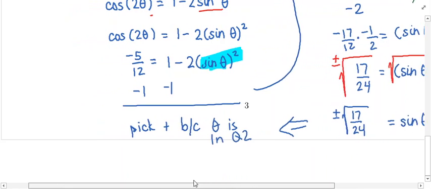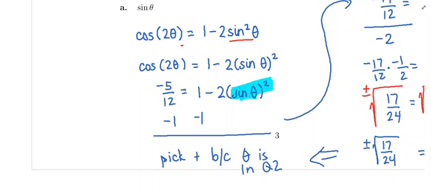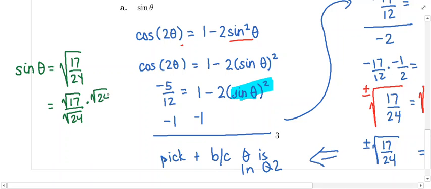I'm going to clean this up now that I know the answer. The sine of theta is the positive square root of 17/24. I'm going to try to simplify this. This is going to be the square root of 17 over the square root of 24. I can rationalize the denominator by multiplying top and bottom by the square root of 24.